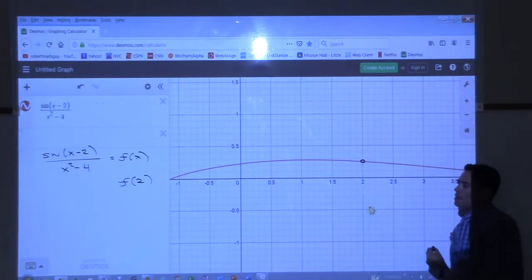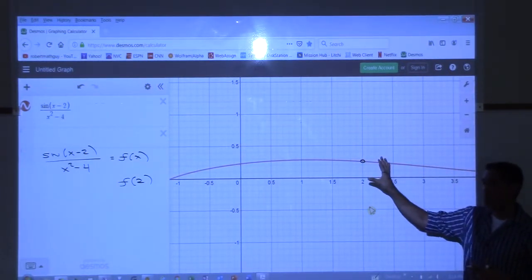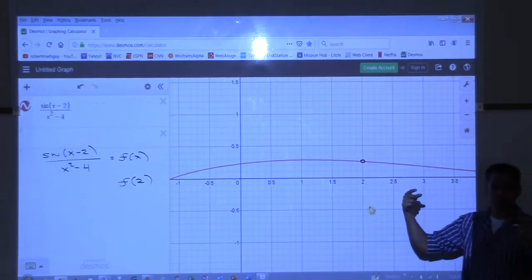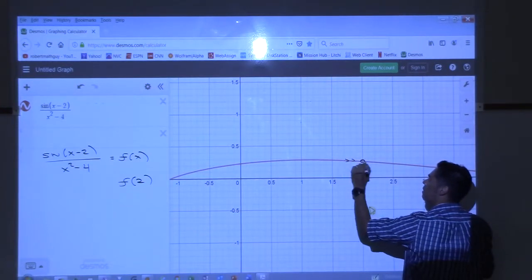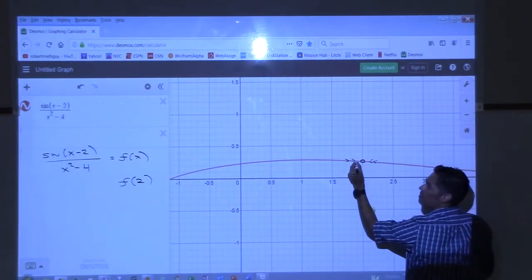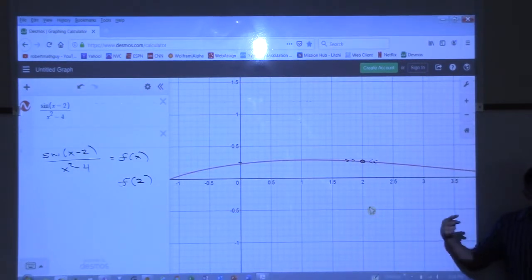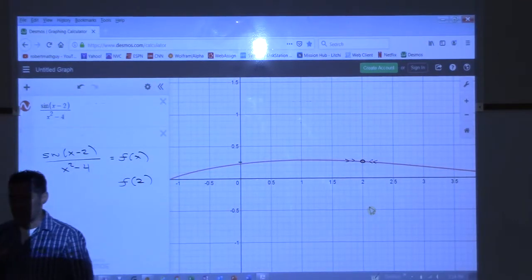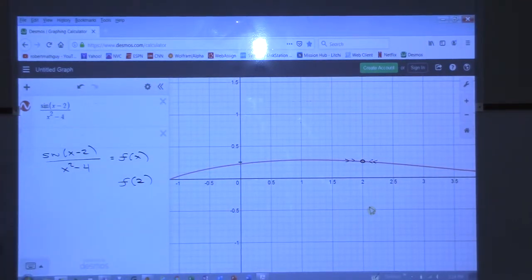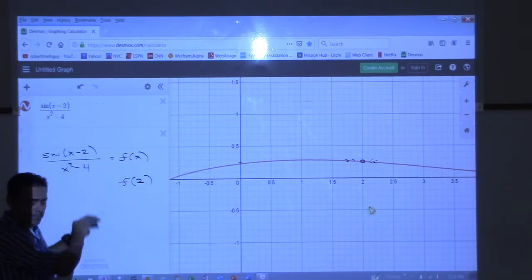What we determined is that as we approach 2, the y values should be approaching 1/4. And you can see that this is 0.25, right? So from both sides, it's approaching 0.25. Does that make sense? We could do that without the graph. We did it algebraically, right?